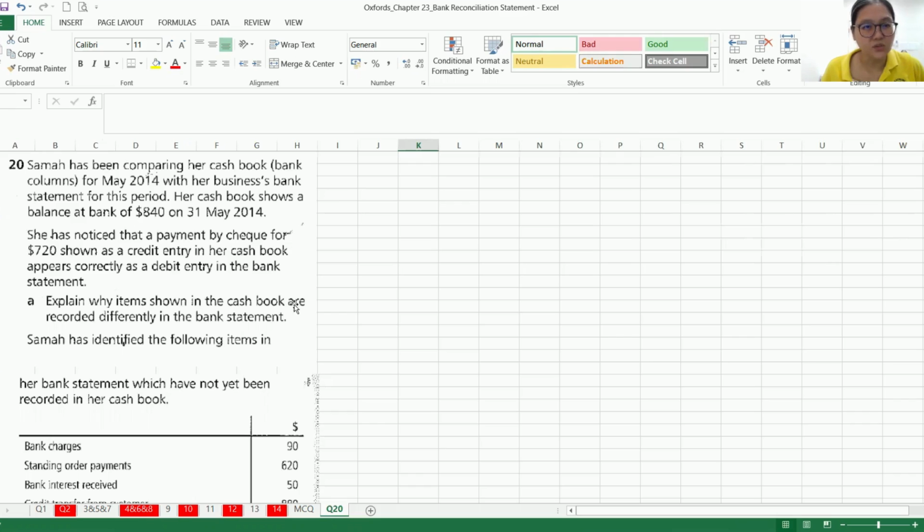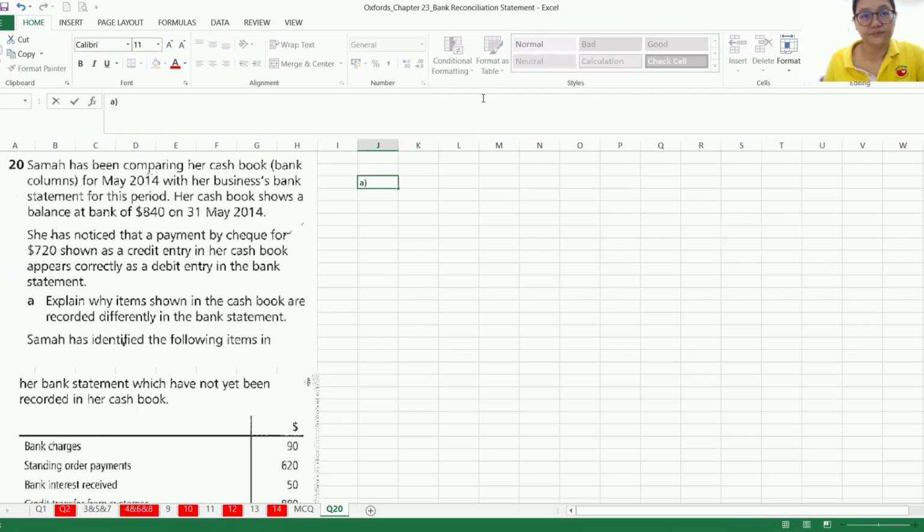Explain why items shown in the cash book are recorded differently in the bank statement. This type of question tests your understanding of why there are two differences. In the cash book, when we make a payment we put credit, when we receive money we put debit.